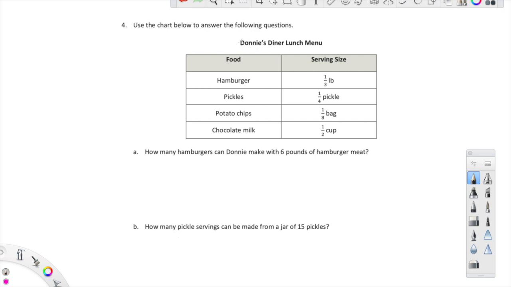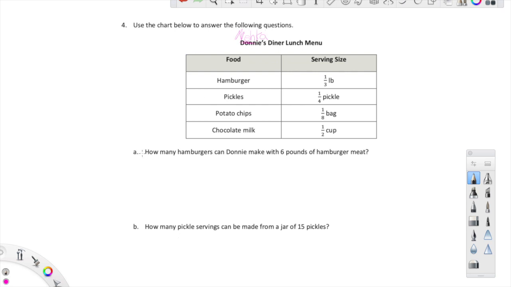I don't like Donnie here, so we're going to cross her out and replace her with Nishka. So it's Nishka's dinner lunch menu.